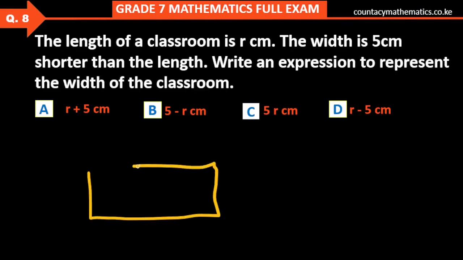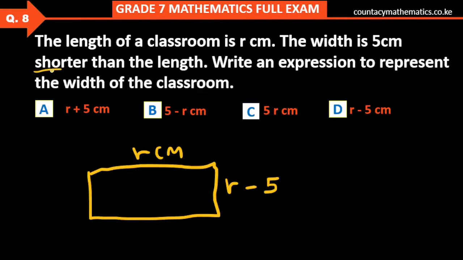This is just a sketch, it's not accurate, but we are told that this length is r centimeters, and then we are told that the width is 5 centimeters shorter. If it is shorter, then that implies that this should be r minus 5, because shorter implies lesser.